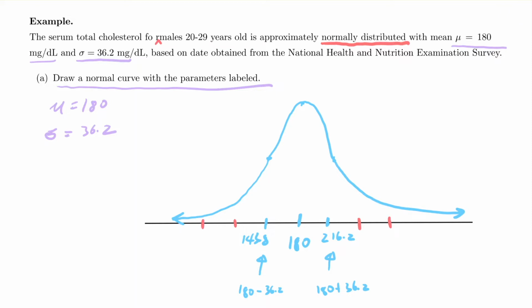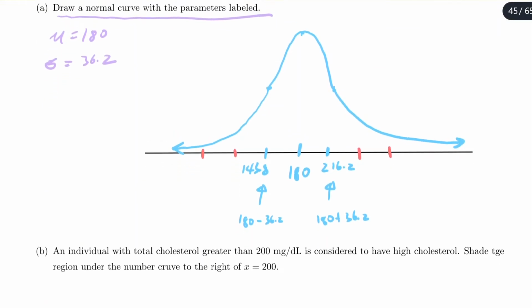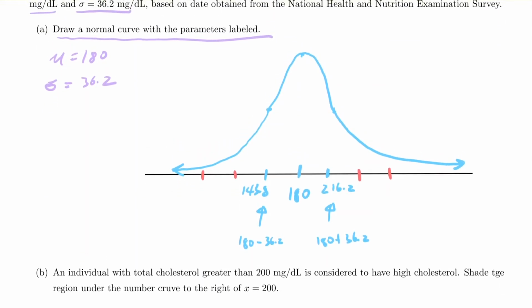Okay. So, second question. An individual with a total cholesterol greater than 200 milligram per deciliter is considered to have high cholesterol. Shade the region under the normal curve to the right of 200. Let me use a different color.